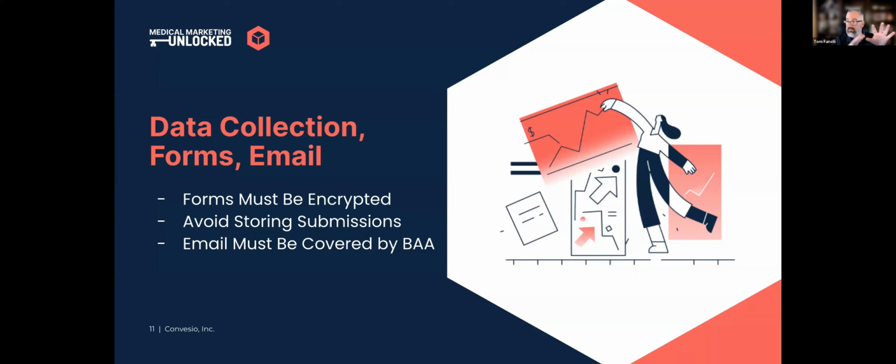You're shuttling that information through in an encrypted manner because you're submitting it encrypted and it's being transmitted through email encrypted. You're now shuttling that data through the WordPress website and it's not retaining it. And then make sure you have your BAAs in place with your email providers. So that's some tips that I try to give folks for managing this data in their forms.